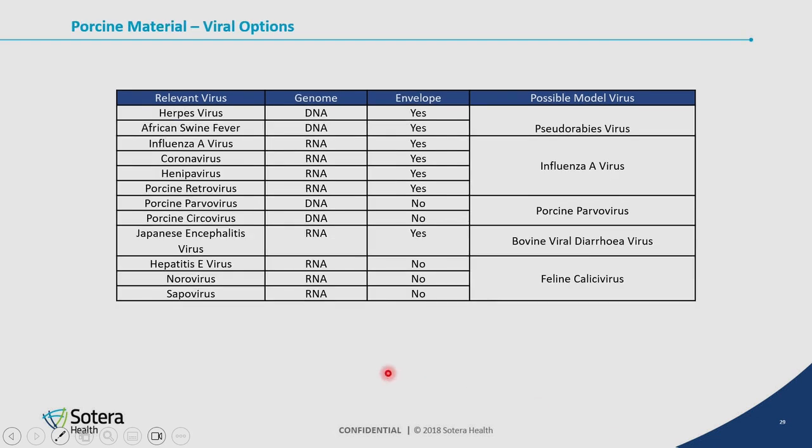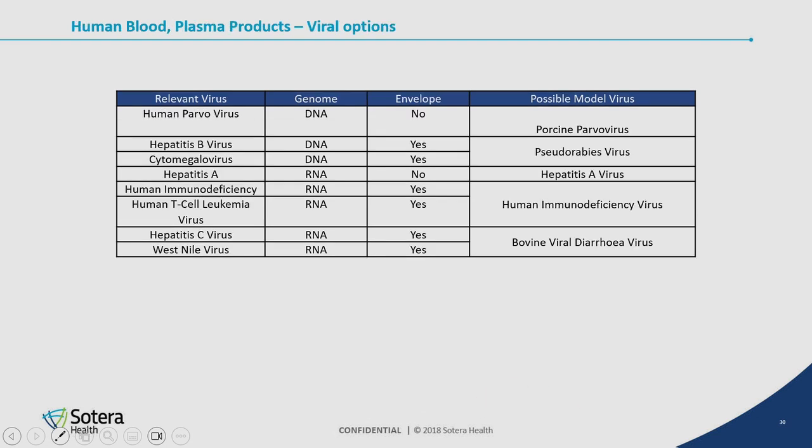And this is the same with porcine material. If you have a raw material that maybe comes from porcine, you could potentially see any of these contaminants. And off to the right is a list of different model viruses that you might be able to use. And the same with human blood plasma products.